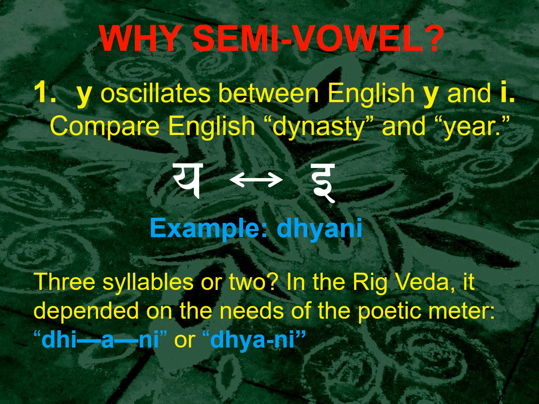Whitney's grammar tells us that in the Vedas, whether the word was pronounced as dhyani or dhyani depended on making the length of the word fit in with the poetical meter in which it occurred. Dhyani, 3 syllables. Dhyani, 2 syllables.